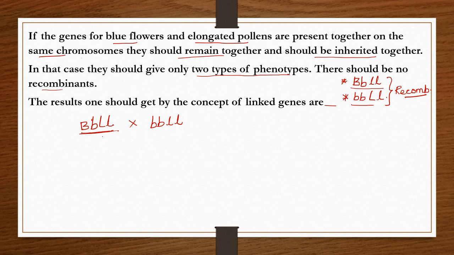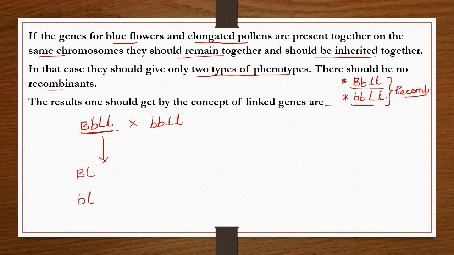As a result, 50% of individuals are one type and 50% the other. Since they are present on the same chromosome, it can produce only two types of gametes: one is capital B, capital L, and another one is small b, small l.